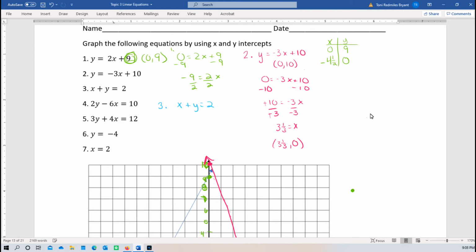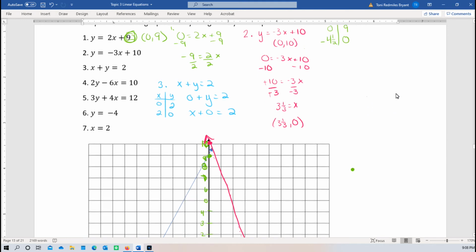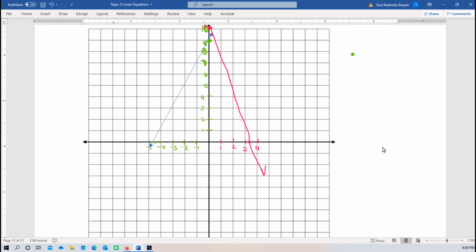Now this one's not in slope-intercept form, so I do have to do my 0 for x, 0 for y. I'm going to put 0 in for x first, and I see that y equals 2. And if I put my 0 in for y, well, that's going to be x equals 2. All right, so they both get 0, 2.